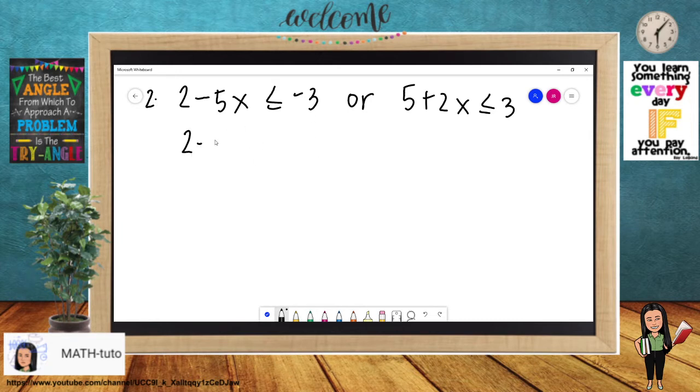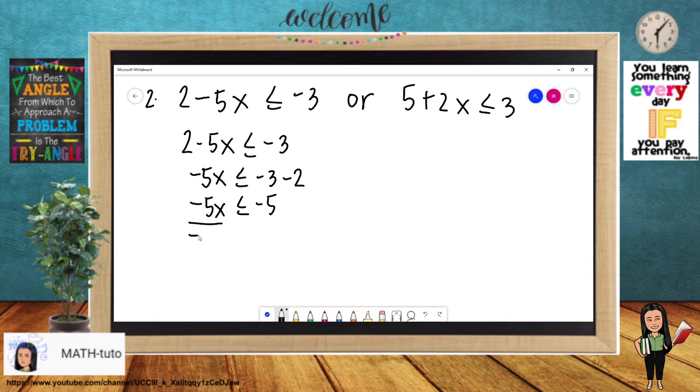So, we have 2 minus 5x less than or equal to negative 3. Negative 5x is less than or equal to negative 3 minus 2. Combine muna natin like terms. Negative 5x less than or equal to negative 5. Divide both sides by negative 5. Since we are dividing by a negative number, the sense of the inequality will change. So it will now be x is greater than or equal to 1.